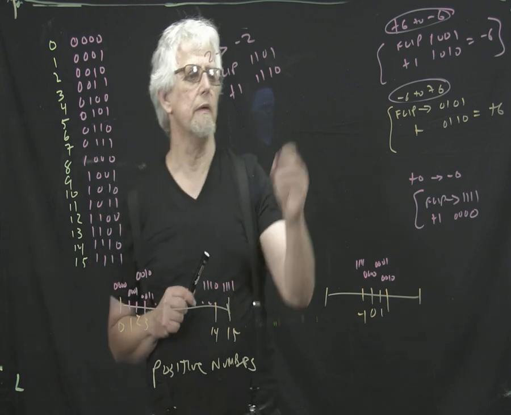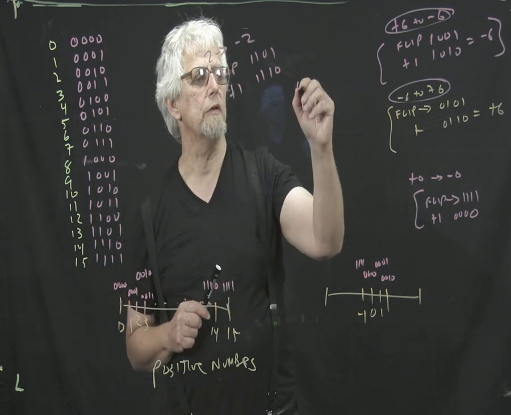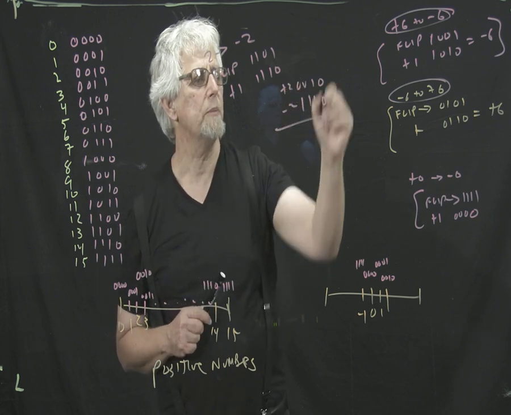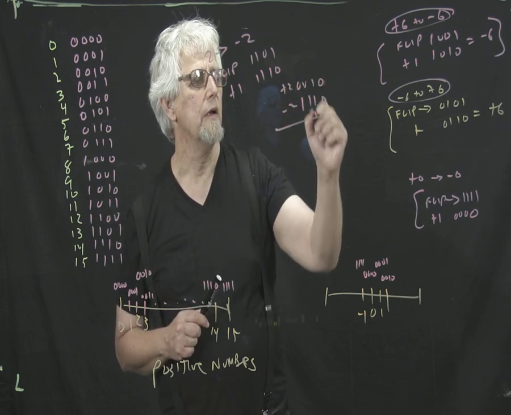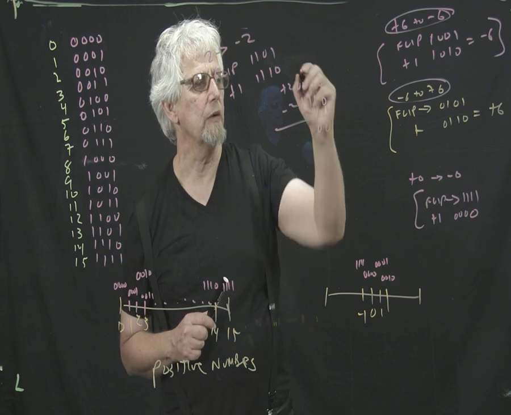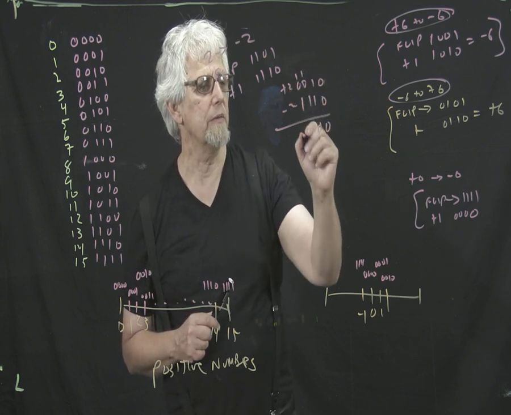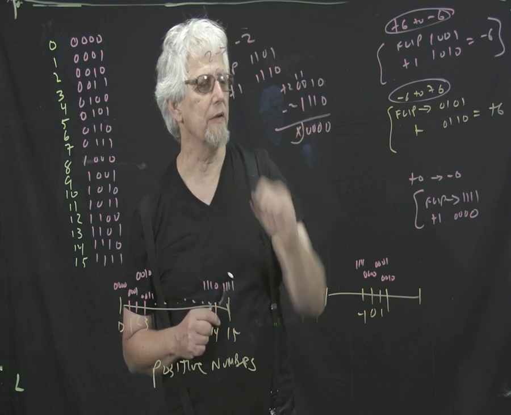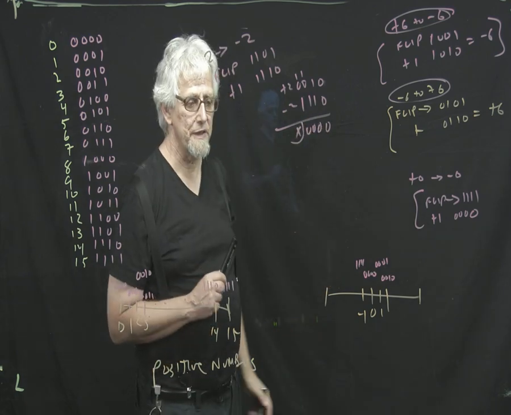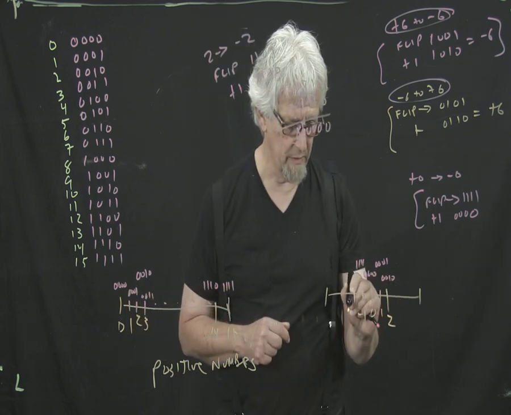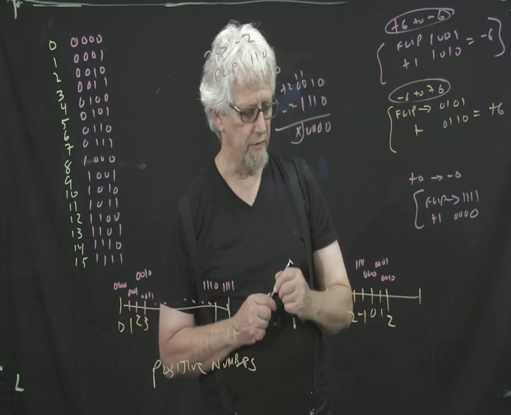Does that work? 1, 1, 1, 0 plus 0, 0, 1, 0, that's minus 2 plus 2, add them up: 0 and 1 to carry, 0 and 1 to carry, 0 and 1 to carry, and there's that stuff over there, okay? So that's legitimately minus 2.